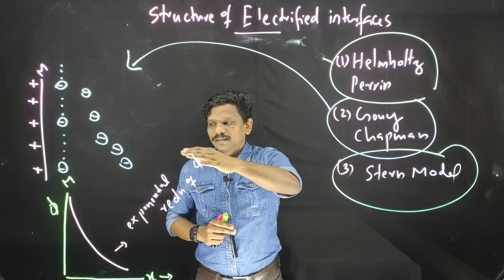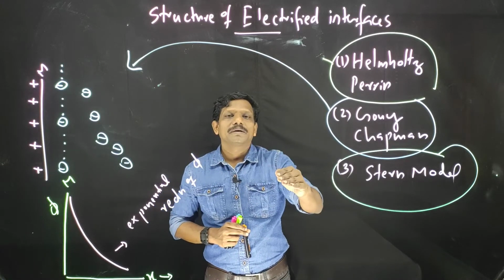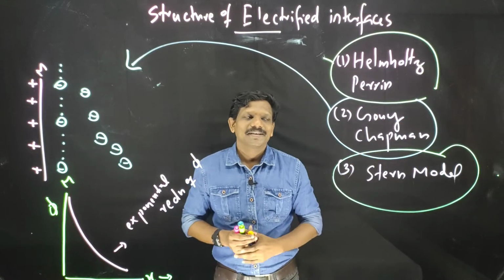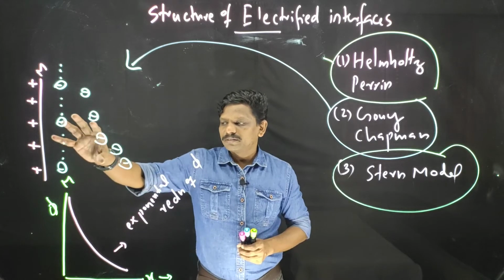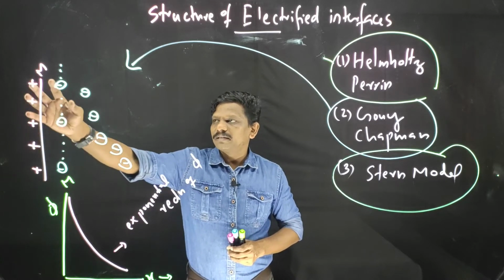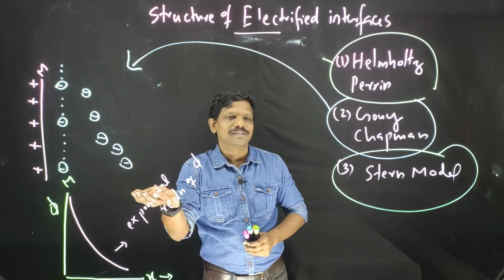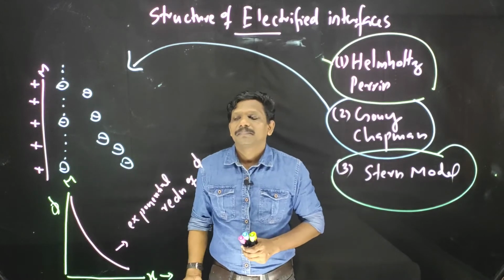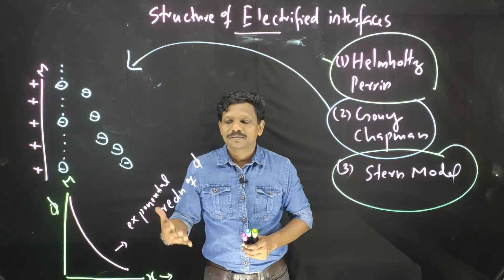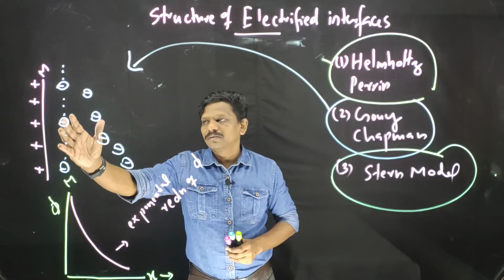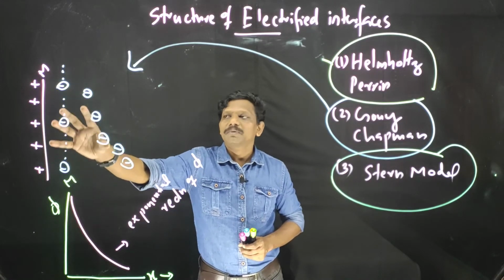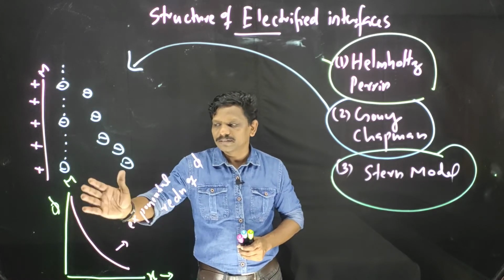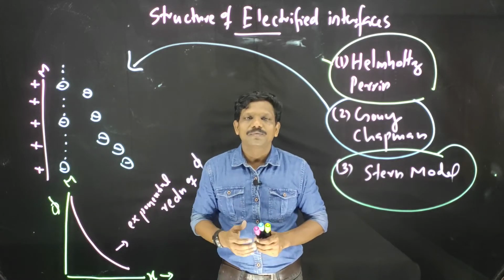You can see a linear variation to the outer Helmholtz layer, and after that also the variation is linear. But in the Gouy Chapman model, he explained that here it may be rigid, but here it is not rigid. That means the existence of the OHP, the outer Helmholtz plane, is questionable. Anyway, maybe he has not completely ruled out the possibility of OHP here, but he explains it as an exponential reduction of potential.